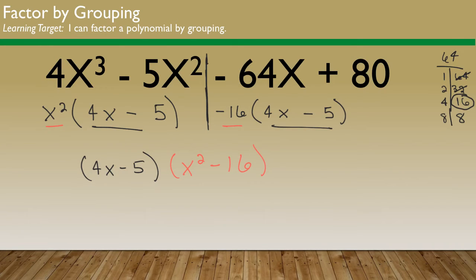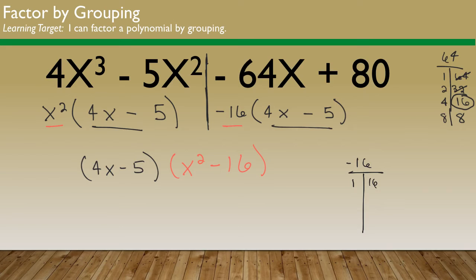Okay, now this middle term right here, this is a perfect square, so I actually can break it apart. Let's look for factors of 16 that also add. There's not a middle term here, so they have to add to make 0.